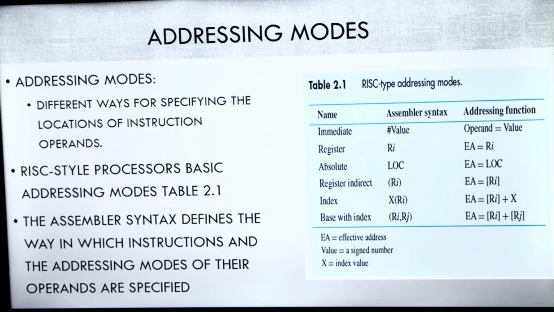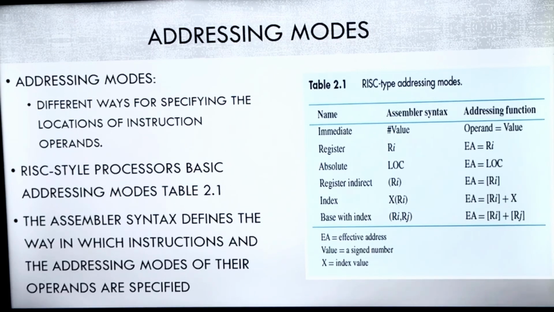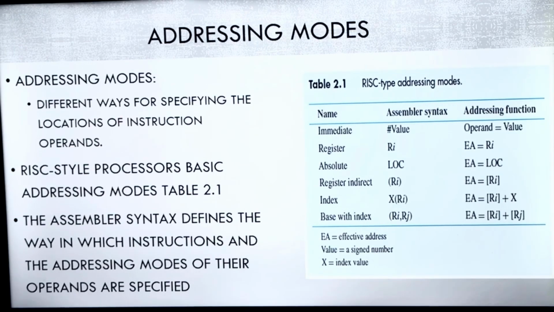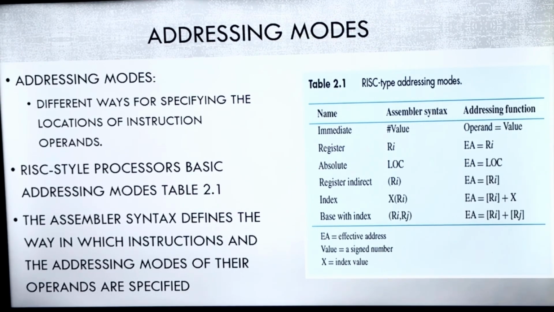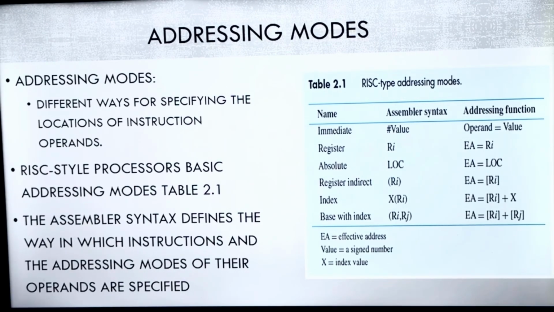We'll discuss all these addressing modes one by one. Now, one important question you may get in competitive exams or your academic exams: they will give some instructions, mention the addressing modes, then ask you to find the effective address from the instructions. So knowing how to find effective addresses for all the different addressing modes is very important.